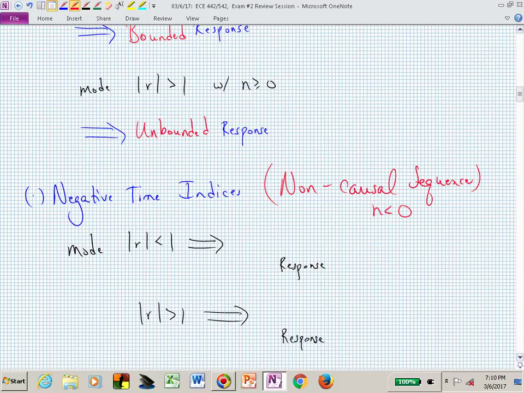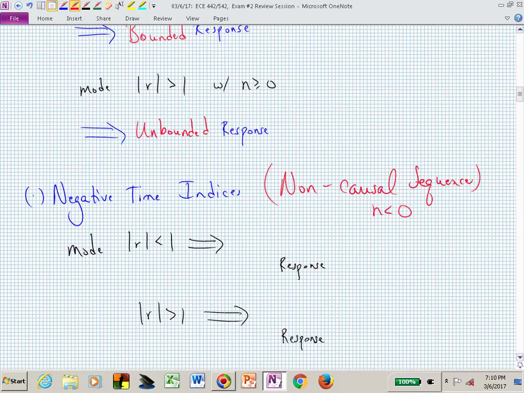If we now have negative time indices and all of our modes are inside 1, is that giving us an unbounded response or a bounded response?